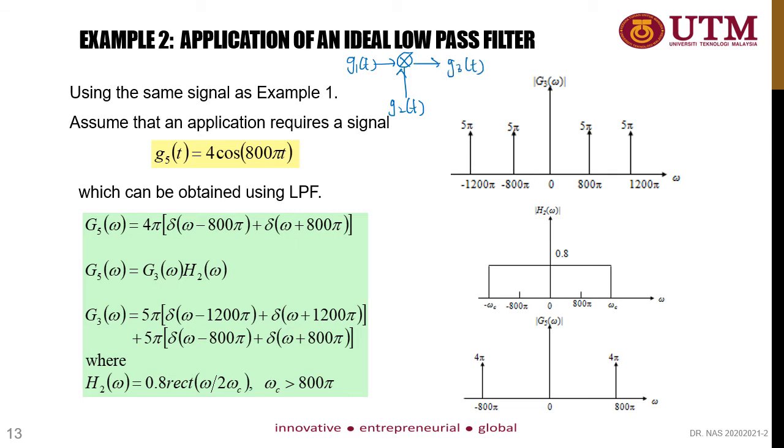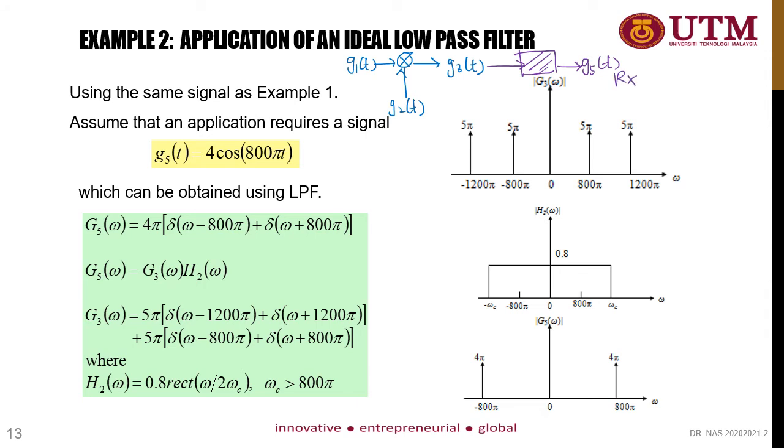But in this case, the system requires the output as g5. So you need to apply a filter somewhere here so that the earlier output g3(t) is processed and only g5 is received at the receiving end.